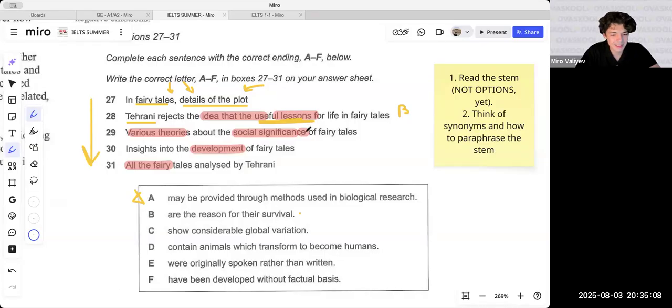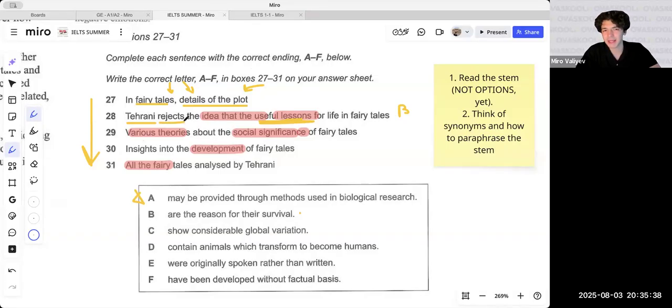Well, they can contain animals in a metaphorical meaning, but it's not the point here. Then, were originally spoken rather than written. They haven't talked about it yet. And have been developed without factual basis. He doesn't reject that idea.